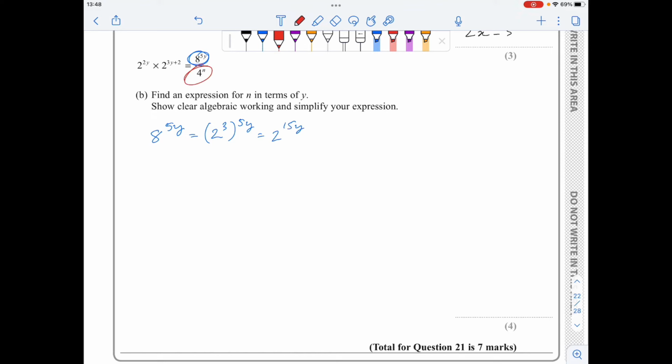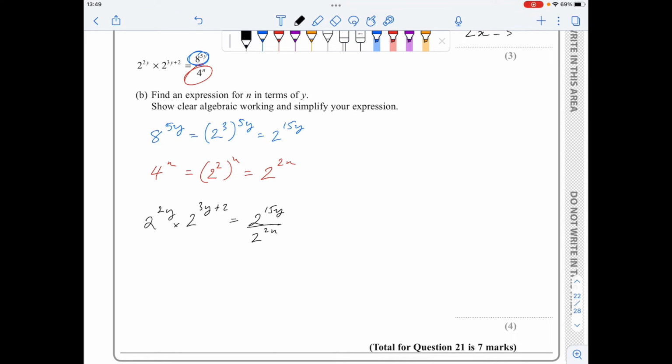And then for the denominator, 4 to the power of n, I get 2 squared to the power of n, so 2 to the power of 2n. And if I put everything together, I'll get 2 to the power of 2y times 2 to the power of 3y plus 2 is equal to 2 to the power of 15y over 2 to the power of 2n.